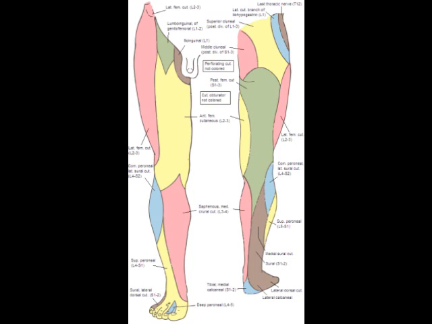All the cluneal nerves are more so towards the outer or superficial part of your skin. So you have in the pink the middle cluneal nerve. Then you have the superior, which is the higher up part of the cluneal nerve, in the yellow.